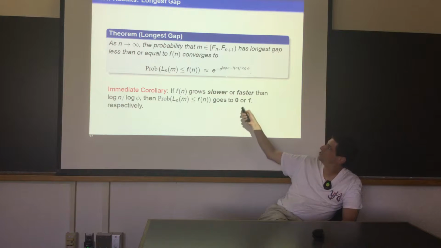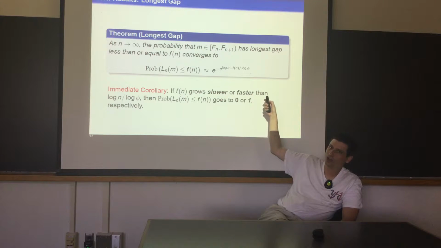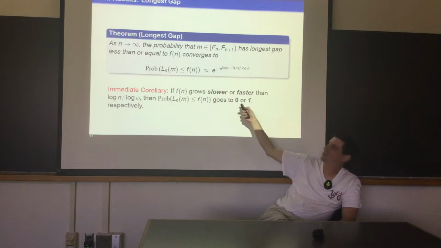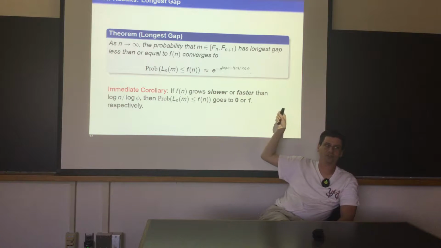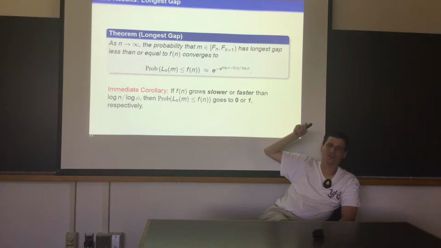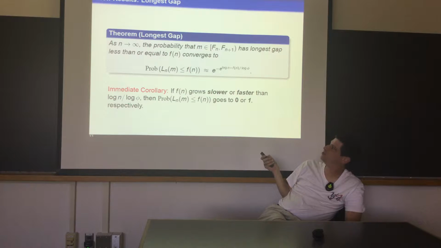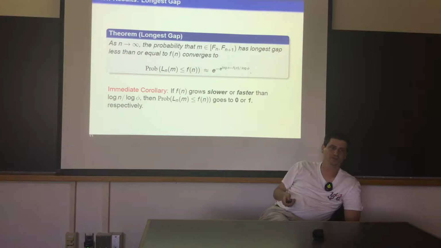When I now look at the subtraction, I now get the negative of that, so I get log n. I exponentiate, I lose one log, and I get e to the negative log n. Well, e to the negative log n is 1 over n. So what this is saying is, if f of n is just a little bit below the expected value of log n, the probability is essentially 0.